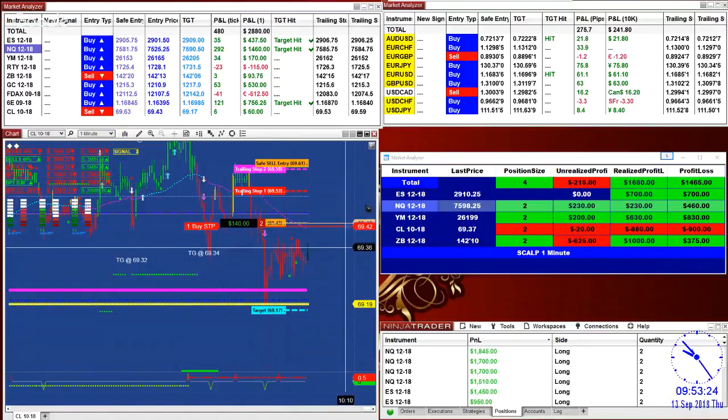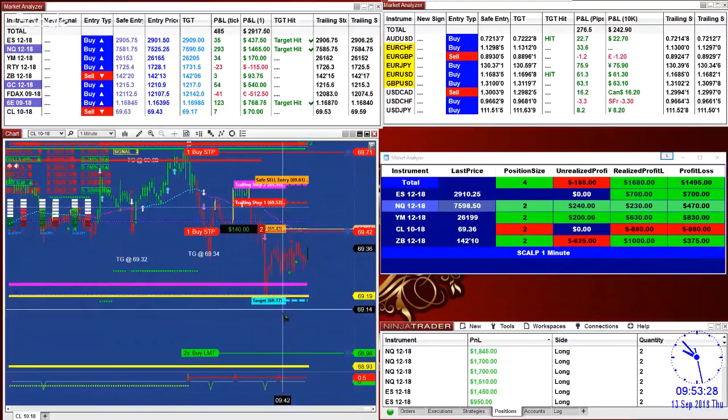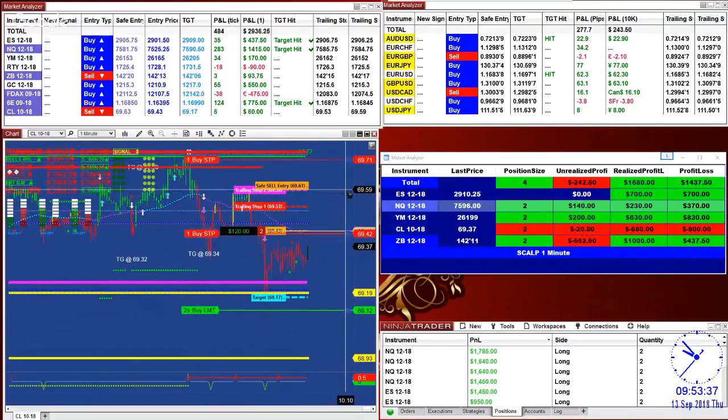Now we are waiting for a new signal. But for me, I always try to extend the target manually, because sometimes you can get much more. If this market is trending, there is a good potential for much more.